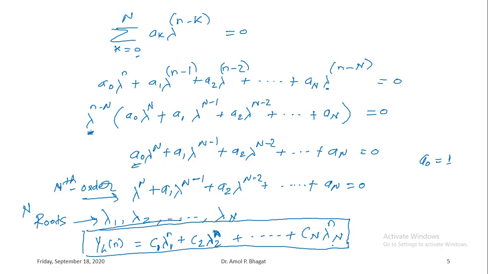So in this homogeneous solution, as there are capital N roots, we have assumed capital N constants, that is C1, C2 up to Cn. These C1, C2 up to Cn are nothing but the constant coefficients, also called weighing coefficients.